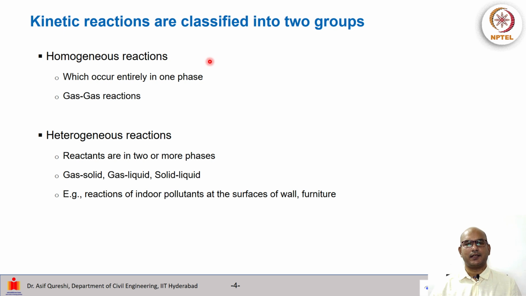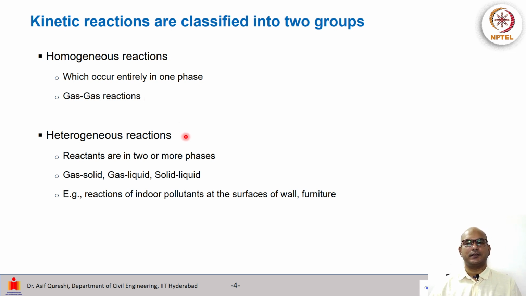So, these kinetic reactions are classified in two broad groups. One can be called homogeneous reactions, which occur entirely in a single phase. They can be gas-gas reactions, so a gaseous molecule with a gaseous molecule.